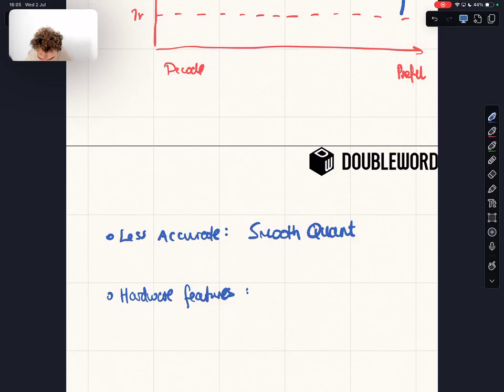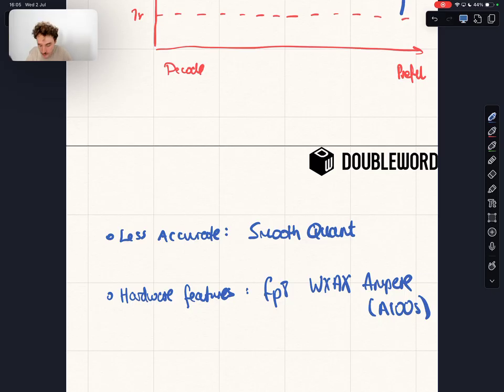So for example, you can't do like an FP8 weight and activation quantization on Ampere GPUs like A100s, because there are no FP8 tensor cores on A100s. There's only int8 tensor cores. And so you're sort of fundamentally limited by that. And if you wanted to deploy this model on heterogeneous hardware, you would have to figure out how to do that.